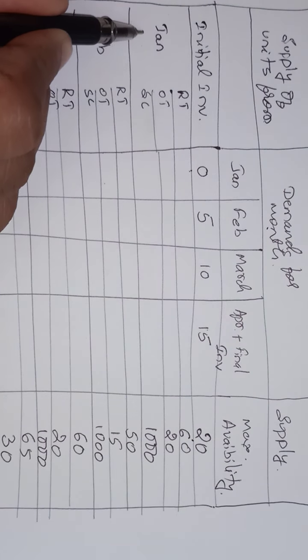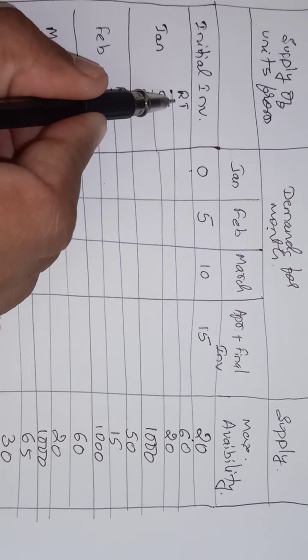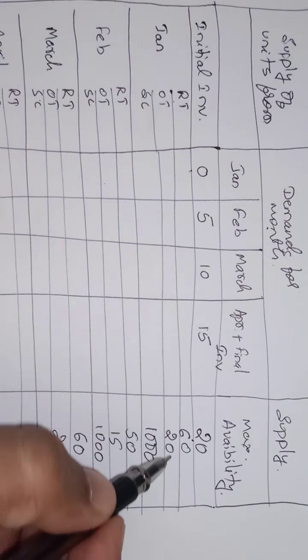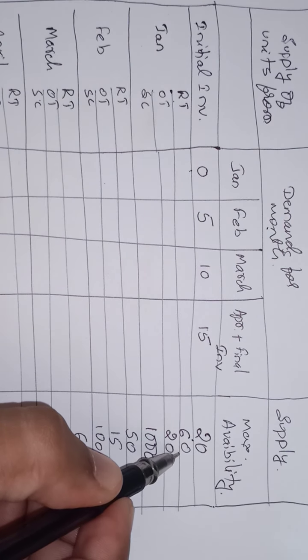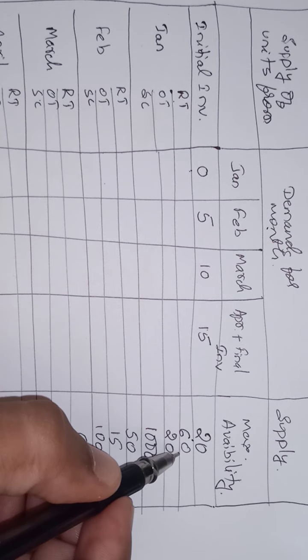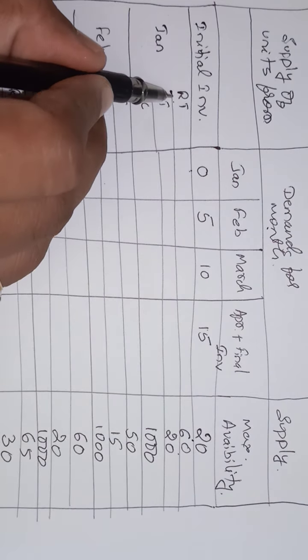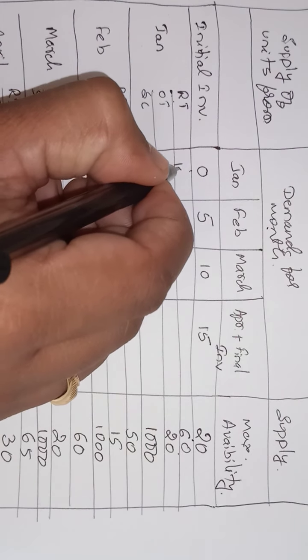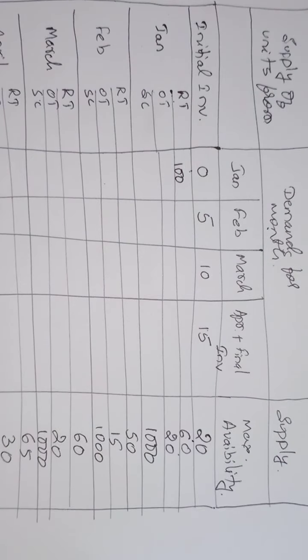Next, in January, from the regular time they are going to be producing the quantities. So that supply is 60 units. Here per unit cost they have given, right. From this regular time in January they have 100 rupees per unit.